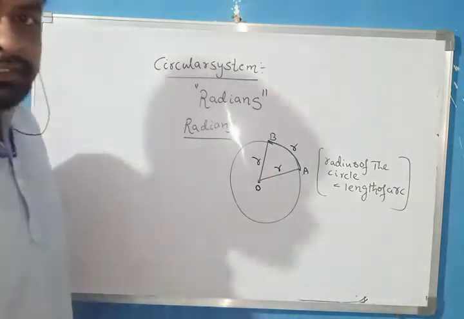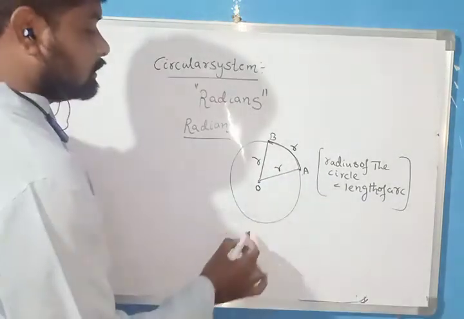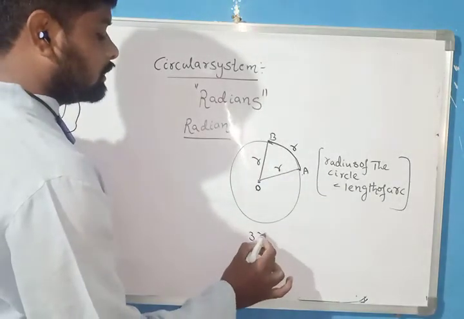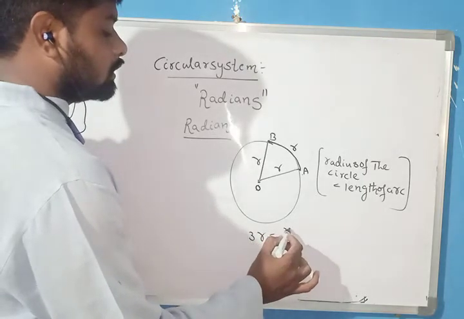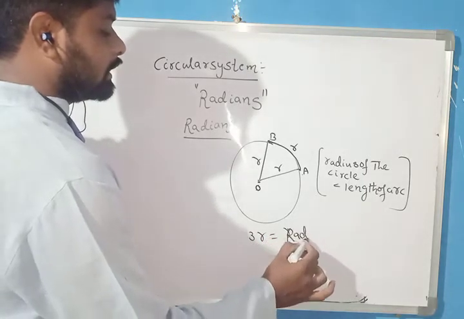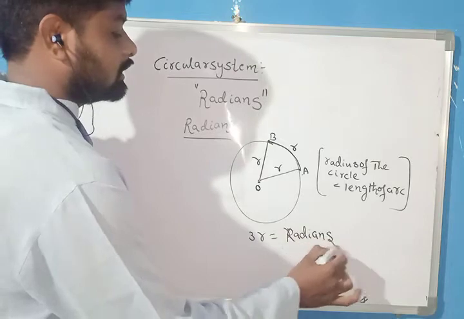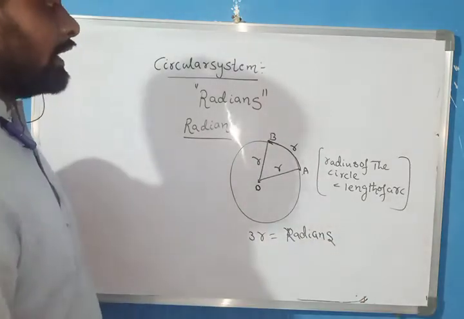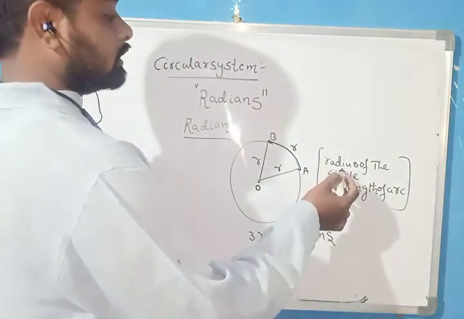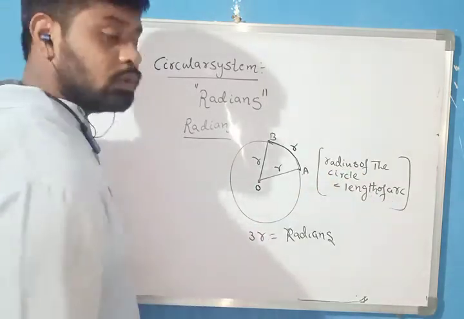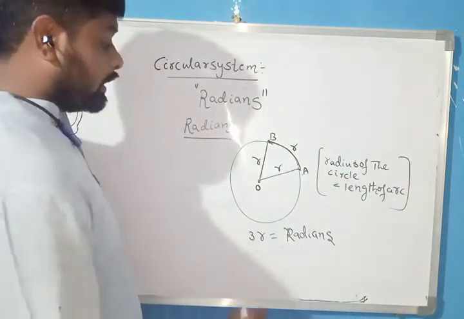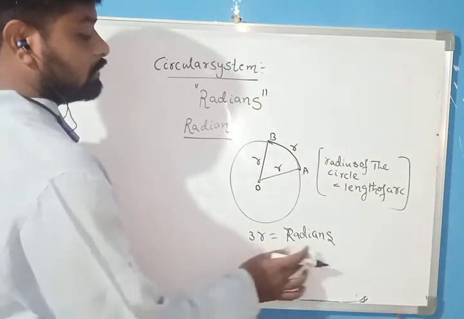Total how many radii are there? Three radii. This is called a radian. The definition of the radian: radius of the circle equals length of the arc.